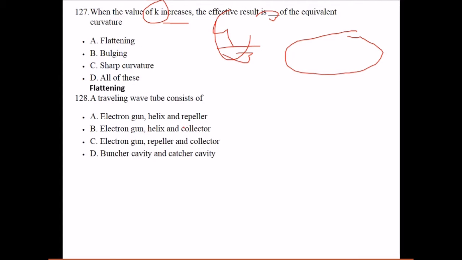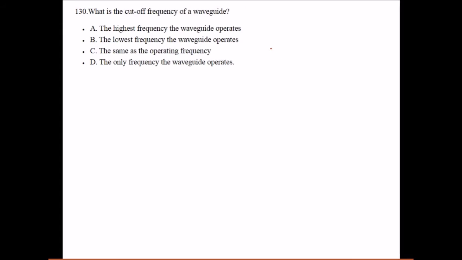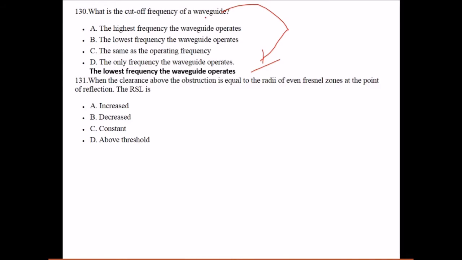Now a travelling wave tube consists of electron gun, helix and collector. The advantage of a periscope antenna in microwave is that it shortens the waveguide length. So what is the cutoff frequency of a waveguide? The lowest frequency the waveguide can operate is the cutoff frequency.